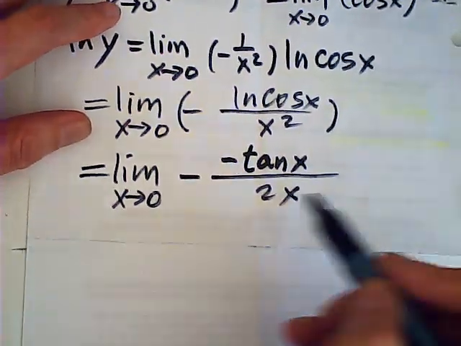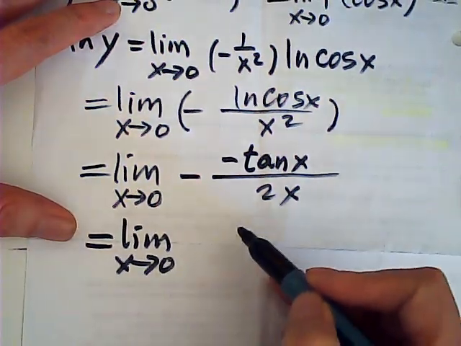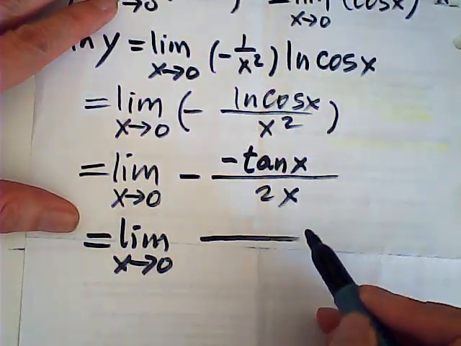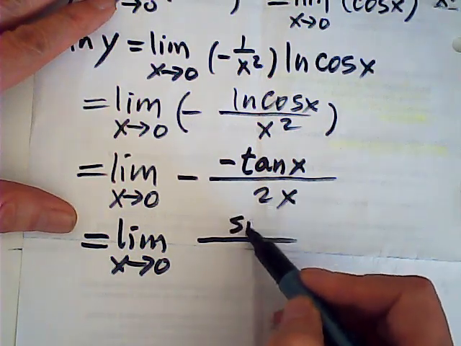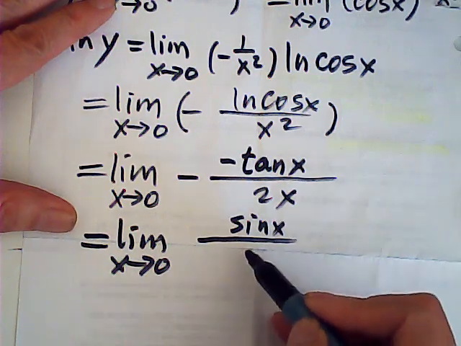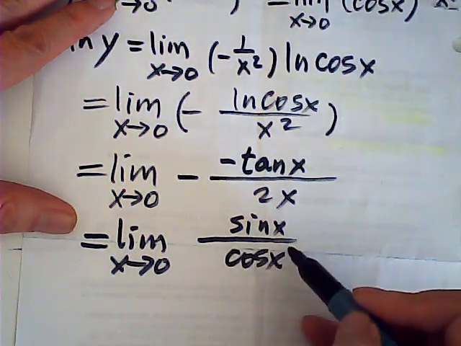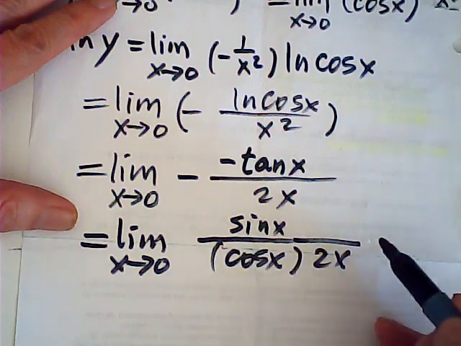Then this one is equal to the limit, becomes sine x over cosine x times 2x.